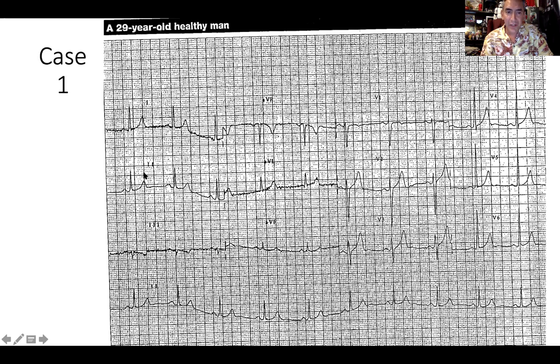There's lead one, lead two, lead three, and our rhythm strip down below. Analyze case one. I would like you to calculate the heart rate, tell me if it's rhythmic or arrhythmic, and tell me if it's a normal ECG or if there seems to be some sort of problem. See what you can do with case one.